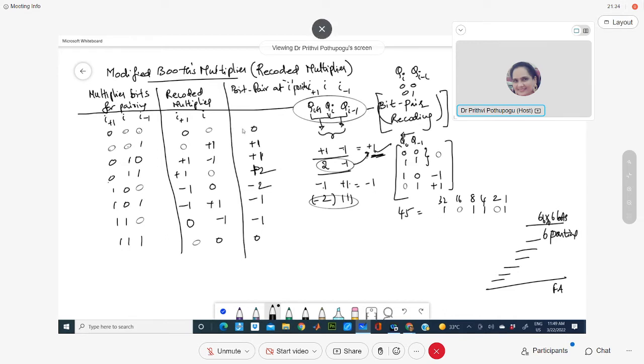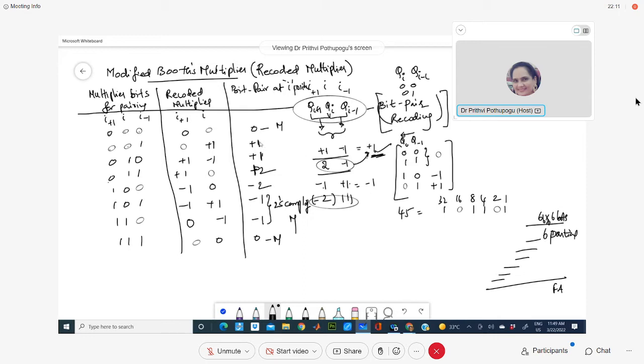Whenever it is 0, the value of the multiplier we directly take as 0. If it is minus 1, it is the 2's complement of M, that is your multiplicand, whatever the value, the magnitude.